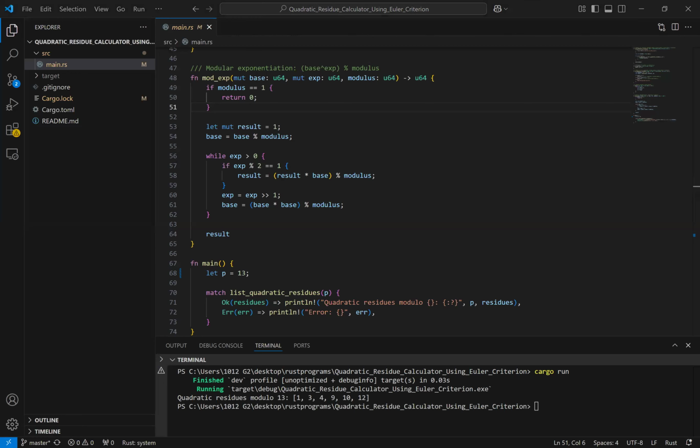So I took one that is listing the quadratic residues. Okay. I'm trying to see whether I have one for finding the square root, whether it appears it's not near.